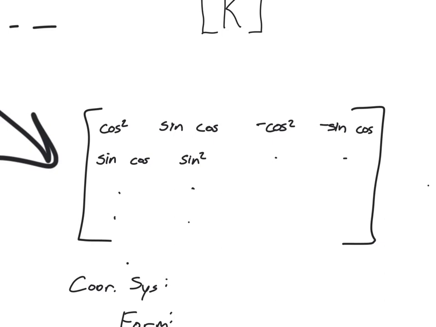Again, this is a 4 by 4. It always is a 4 by 4 for these types of elements. So we got theta there, theta, theta. We're going to do theta here, theta, theta, cosine and sine. All right.